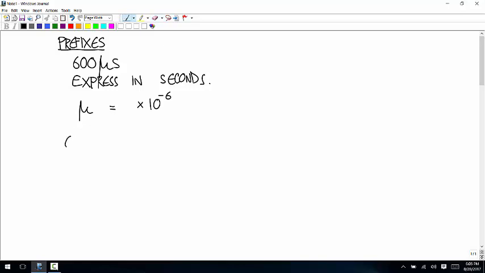And so 600, replace the micro with times 10 to the minus 6 in each seconds. And then that comes out to be, well, first 600 times 10 to the minus 6 seconds.